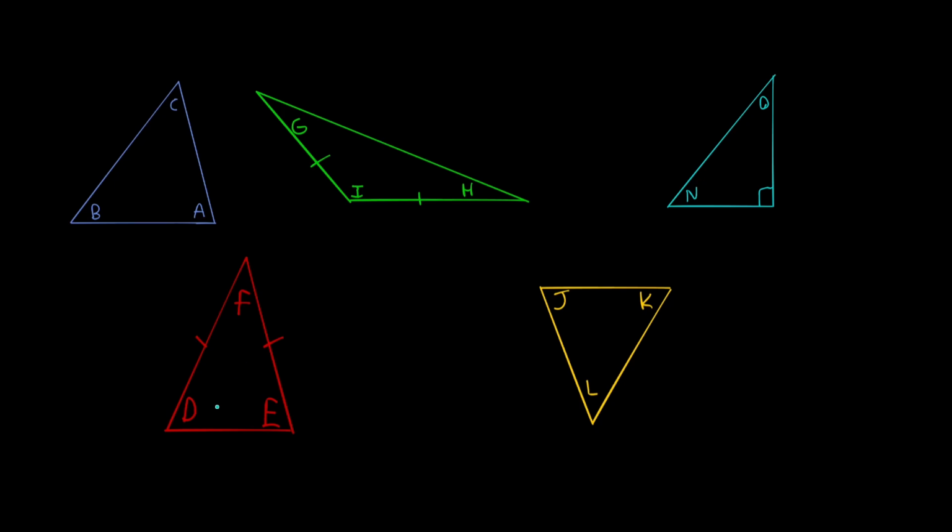Now, on the other hand, triangle DEF, which you might remember, D and E are equivalent angles, is going to be classified as isosceles, or something that has 2 sides that are the same and 1 side that's different. The same is going to be true of triangle GHI over here. Finally, we go to triangle MNO, which is on the far right.